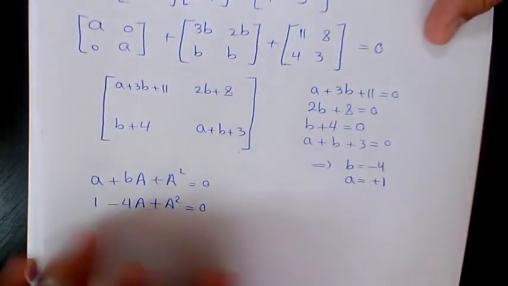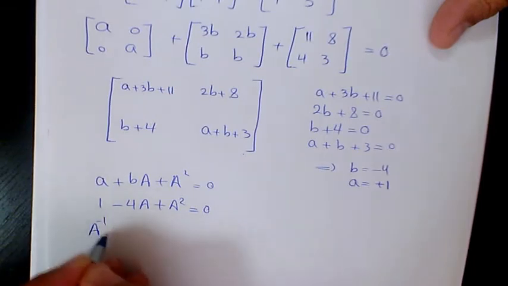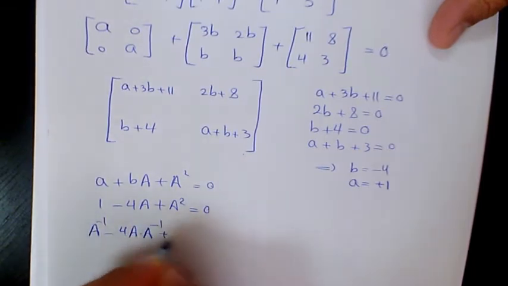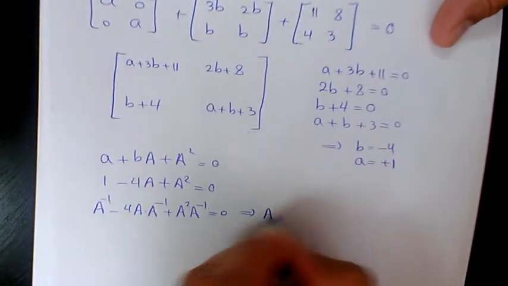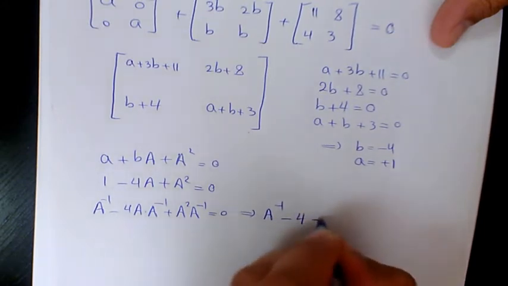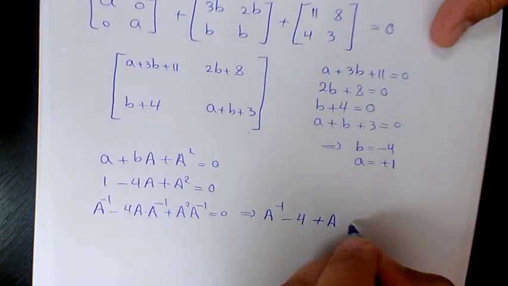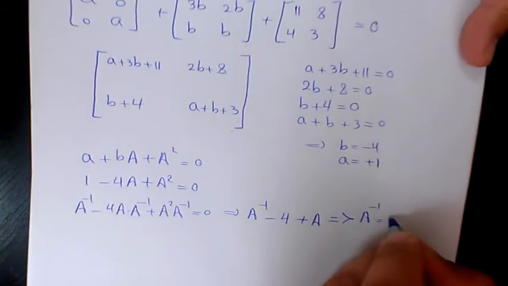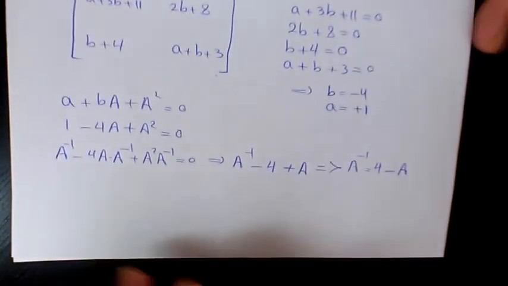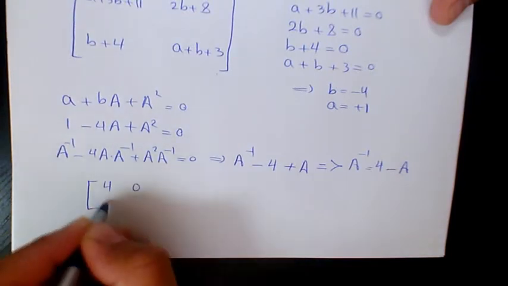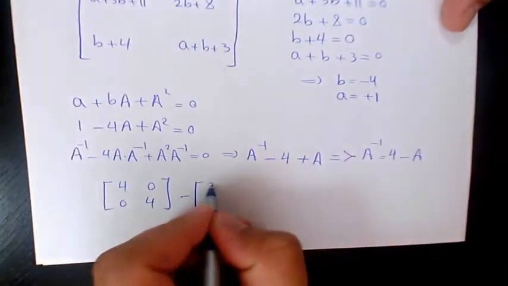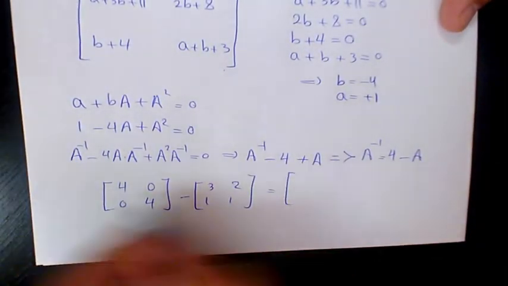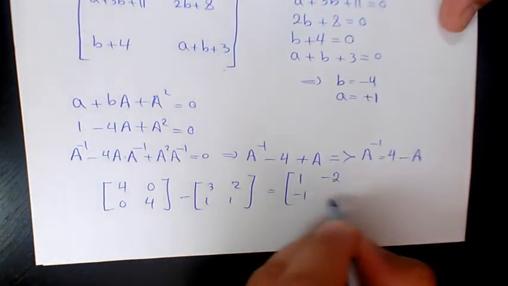If we multiply all these terms by the inverse of A, we get inverse of A minus 4 times A times inverse of A plus A squared times inverse of A, that will lead us to inverse of A minus 4I plus A, which is equal to 0. So inverse of A is going to be equal to 4I minus A. So 4I is 4, 0, 0, 4, and matrix A is defined here 3, 2, 1, 1. That's going to be 1, negative 2, negative 1, and 3.